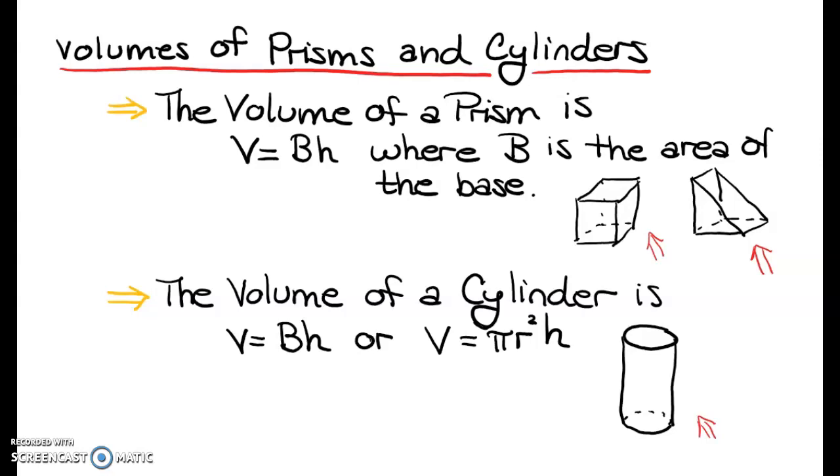So the volume of a prism is V equals capital B times H, where capital B is the area of the base. So let's review how to find the base. Bases are parallel to each other. In this triangular prism, it's really easy to determine the base, because the only two parallel sides are the triangles themselves.